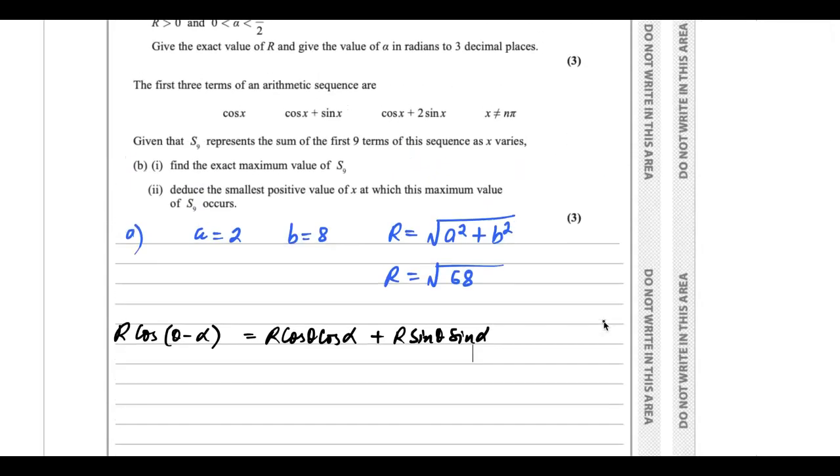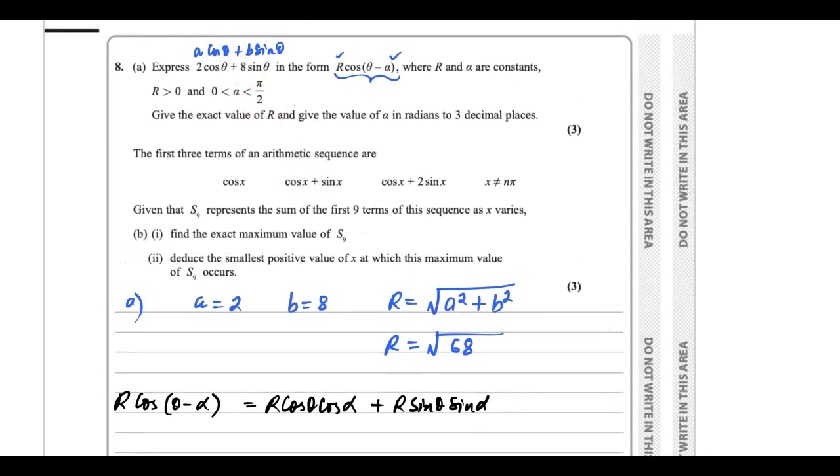If we check our equation, we have cos theta over there, cos theta here. So if we compare both of them, can we say that r cos alpha is equal to 2? Similarly, r sin alpha is 8.